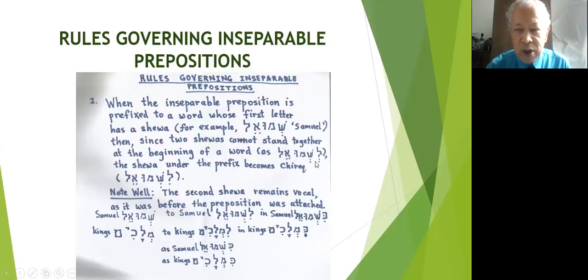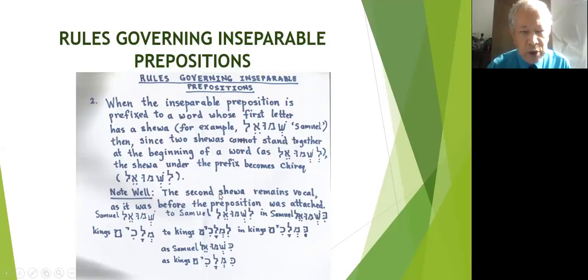Now, in order to solve this problem, the schwa under the prefix, that is under the lameth, becomes hirik, that is the short vowel I. So instead of having two simple schwas, one after the other, the first simple schwa, which is under the inseparable preposition, is lengthened to the short vowel I. So you have li Shemuel.